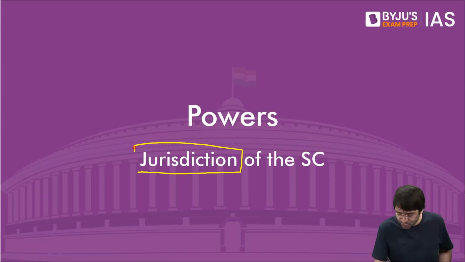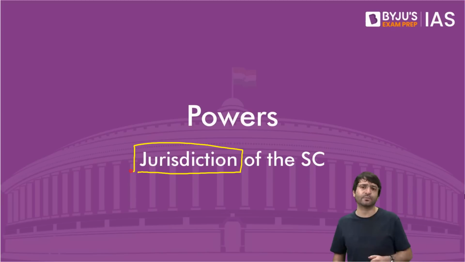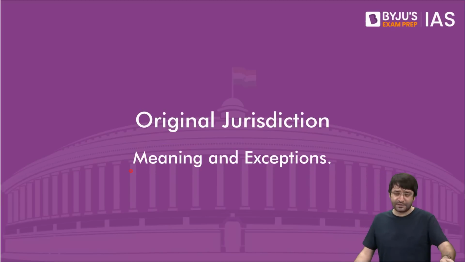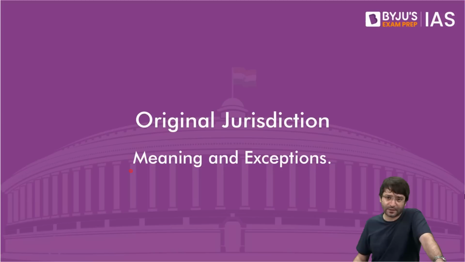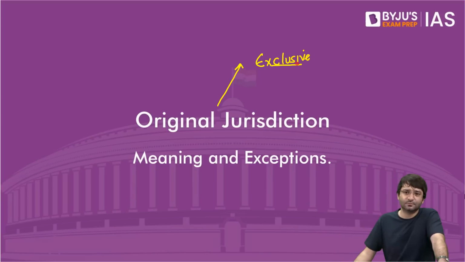Now let's look at the powers of the Supreme Court, or the term that we use for it, the jurisdiction of the Supreme Court. What exactly is the role played by the Supreme Court? First is the original jurisdiction. And we will add original exclusive jurisdiction. What is original exclusive jurisdiction?